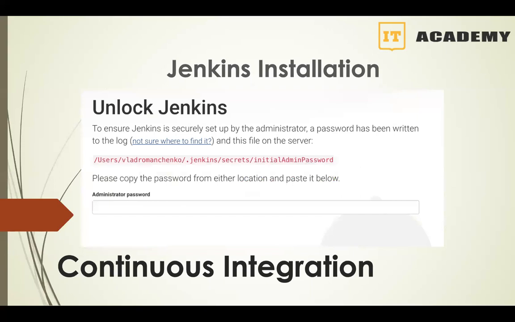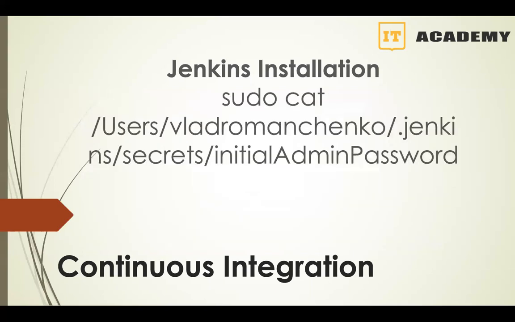They were different commands. Remember, there was the cat command. So I had to run sudo cat and then Users, Vladimir Romanchenko. I used sudo because I actually wasn't sure if I would have permissions to open this file. So cat, you're using this to show what's in this file.